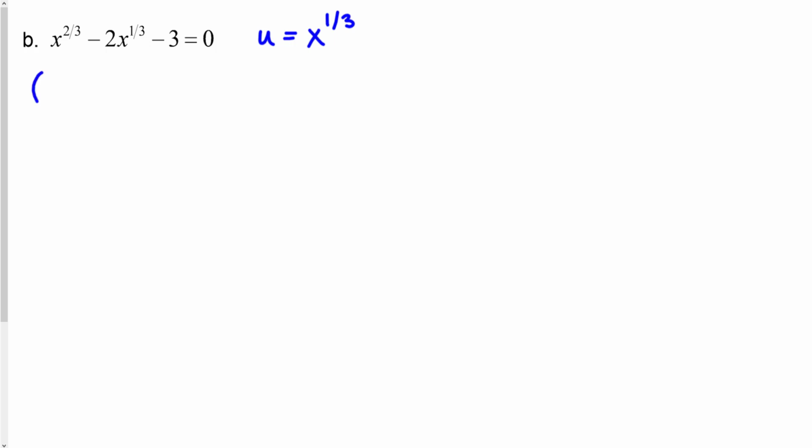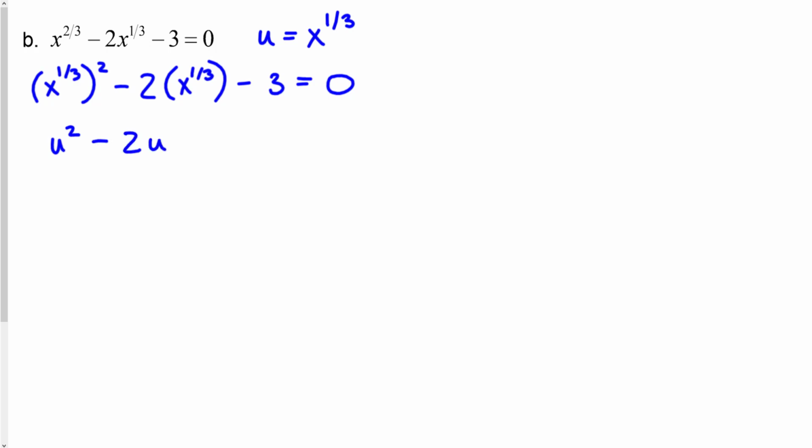And we can write x to the 2/3 power as x to the 1/3 squared, then minus 2 x to the 1/3, we'll leave that term alone, minus 3 equals 0. Then substituting the x to the 1/3 power for u, I have u squared minus 2u minus 3 equals 0.